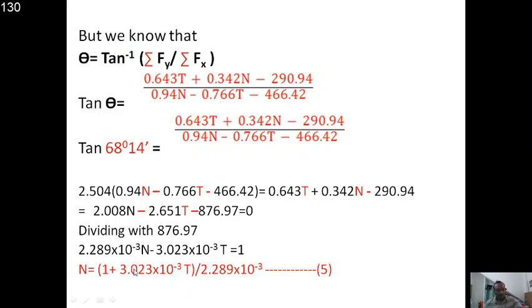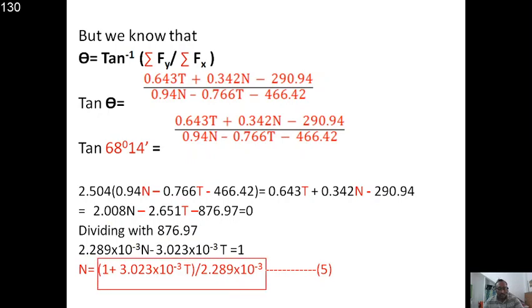So in this solution also, the equation merges into the N and T values only, right? After solving this equation step by step, you are getting N in terms of T or T in terms of N. Even though you are getting this equation, please see here, it is not an easy equation.